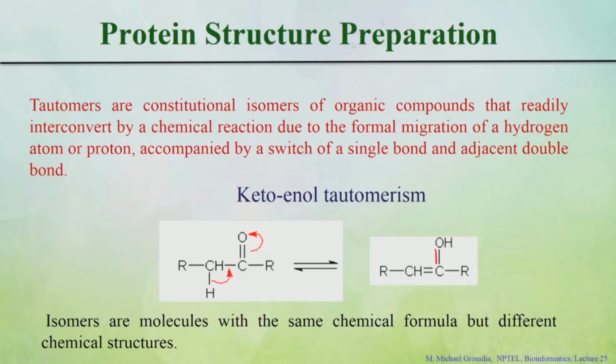And what are isomers? They have the same chemical formula, but different chemical structures. So, now we need to consider these tautomers, specifically in the case of histidines, and the conversion of one chemical group to another chemical group.